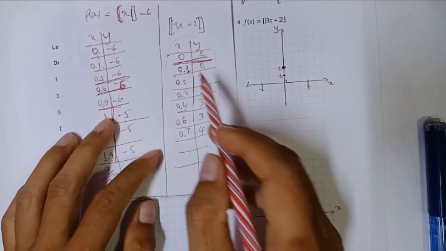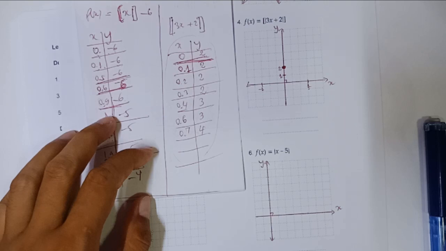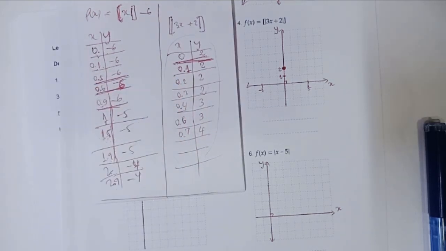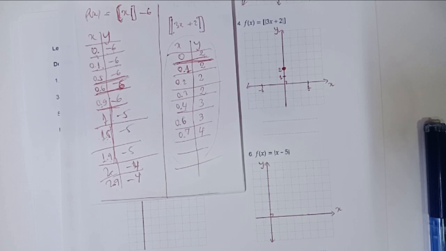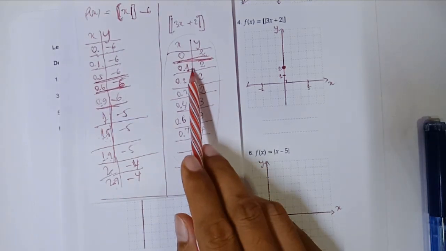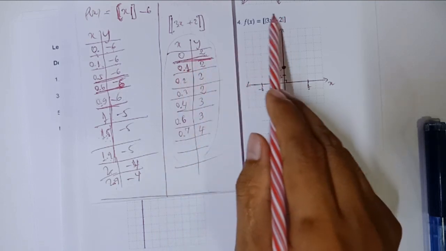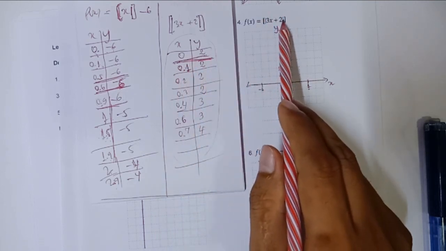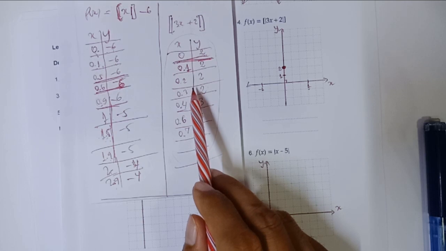Okay, now if you continue further, for example, 0.1 times 3, plus 2, gives you 2.3. Using this sign, 2.3 means 2, still 2.